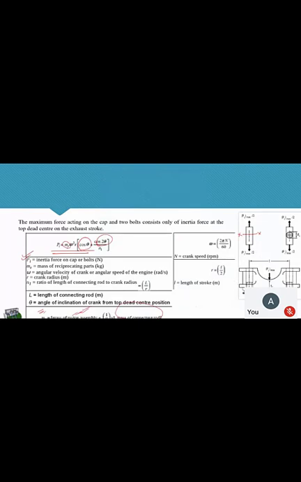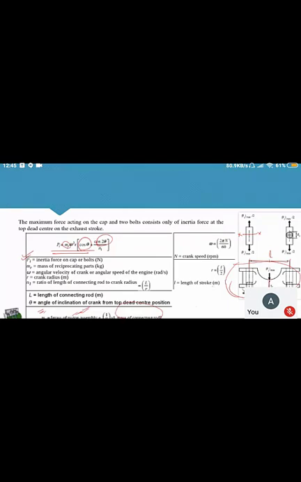Okay, the last part of this discussion is based on the design of the big end cap. The length between the two bolts is L, and the thickness of this portion of the big end cap is TC.